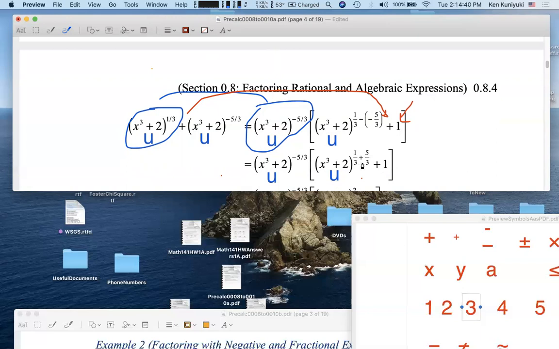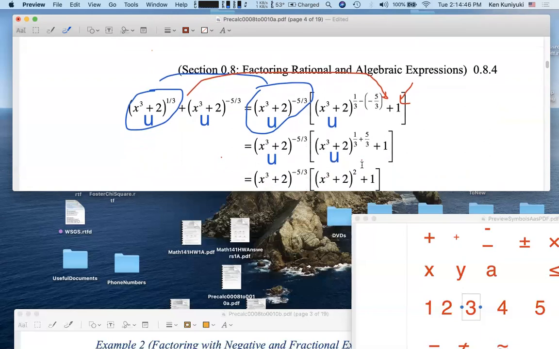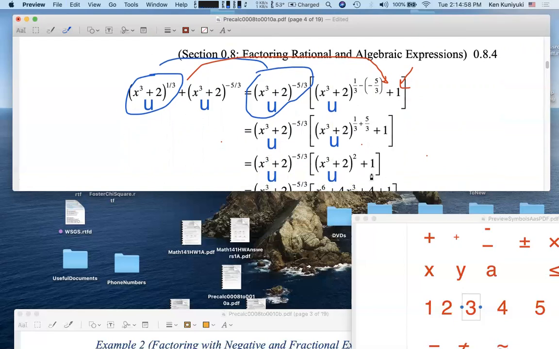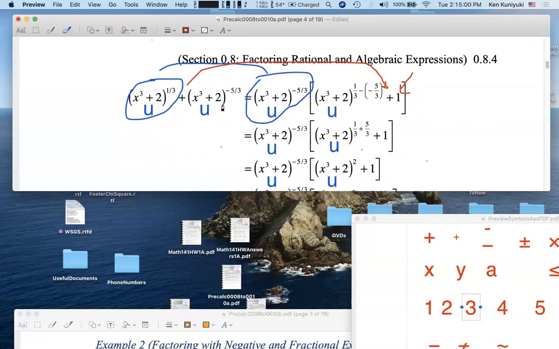Over here in the exponent, 1/3 plus 5/3 is 6/3, or 2. So we have now u to the negative 5/3 times the quantity u squared plus 1. And then at this point, we would substitute back.